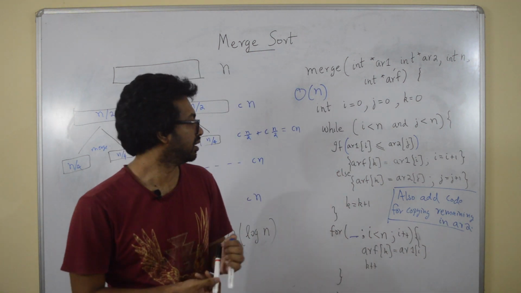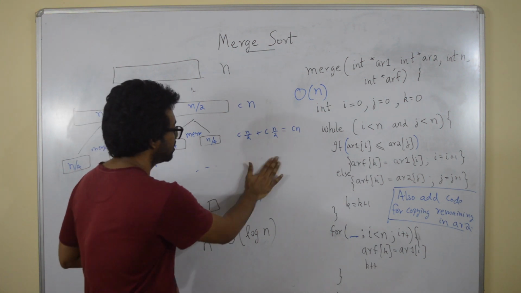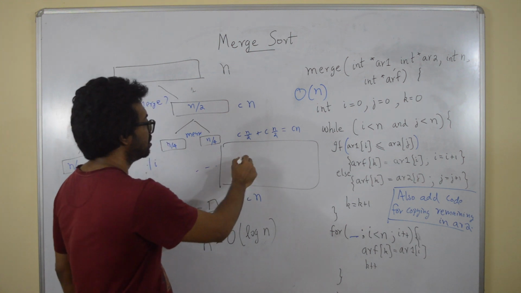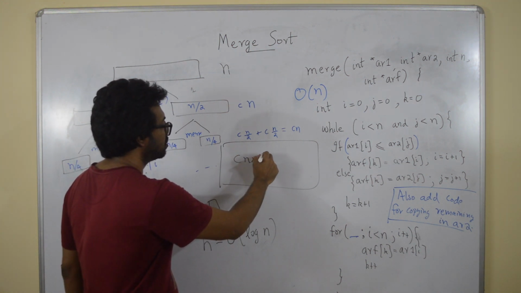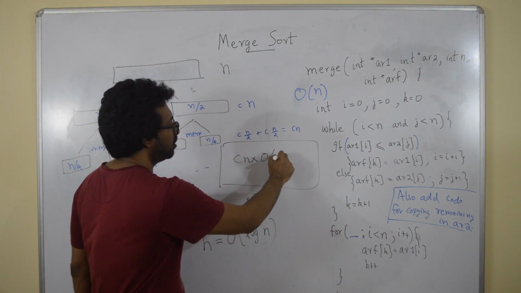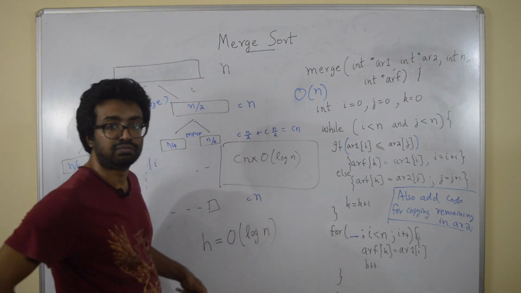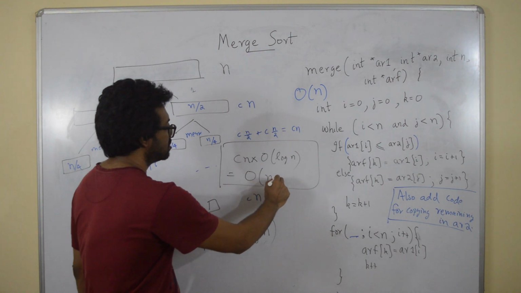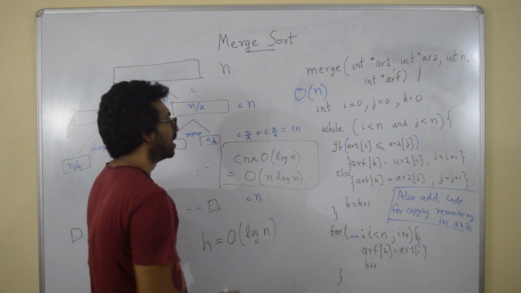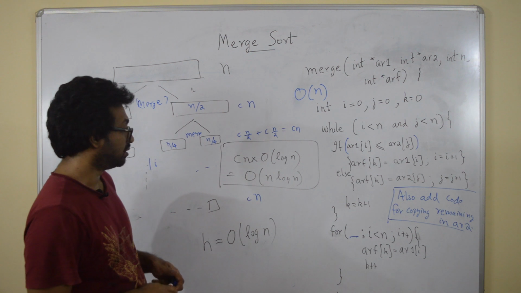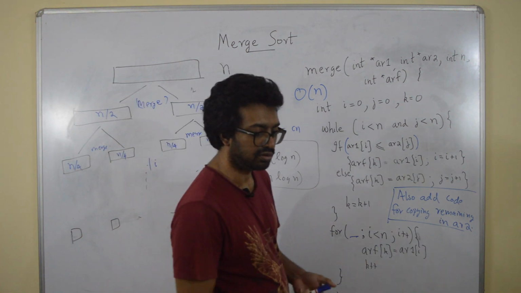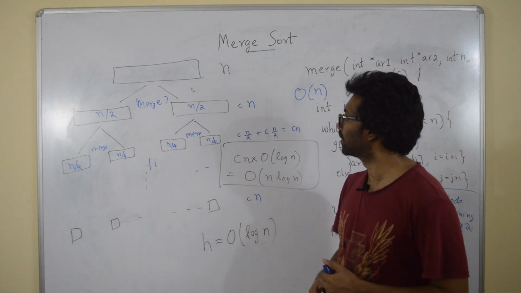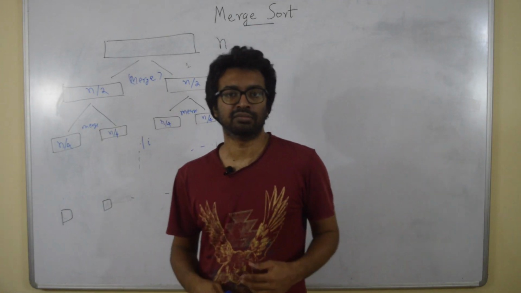I'm trying to say that merge sort takes Cn into order log n time, and therefore this is the running time of merge sort. Okay. I hope it's clear to you what is happening here. We'll now write the merge sort algorithm.